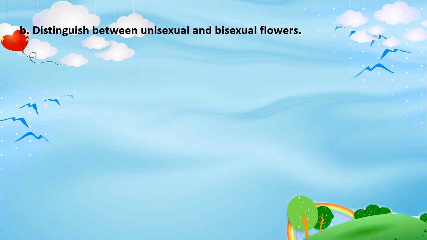Part B is distinguish between unisexual and bisexual flowers. We all know that a unisexual flower will have either a male or female reproductive part, whereas a bisexual flower will have both reproductive parts.